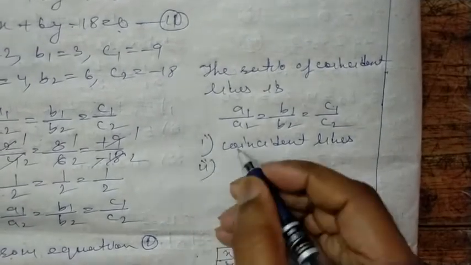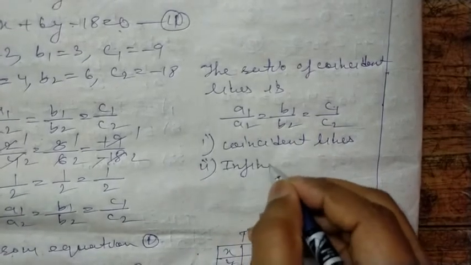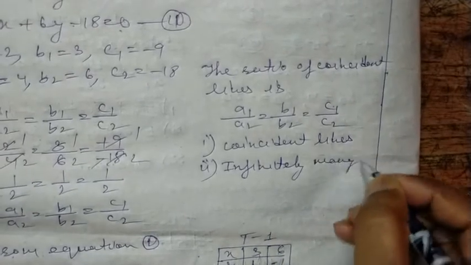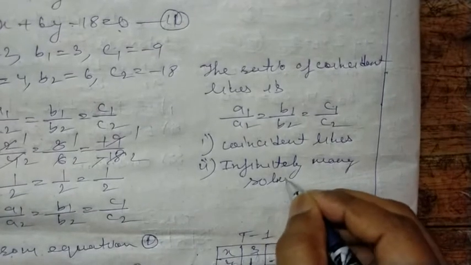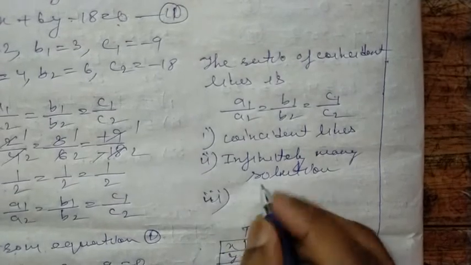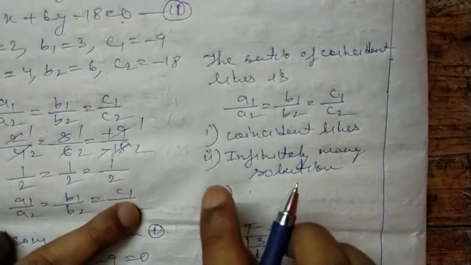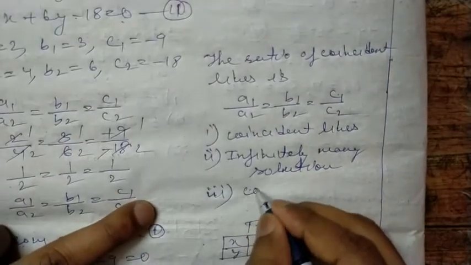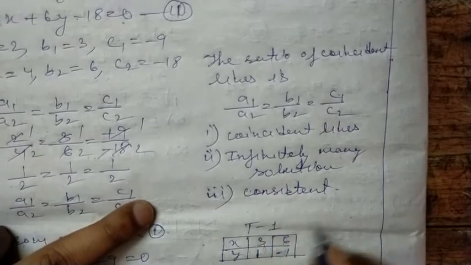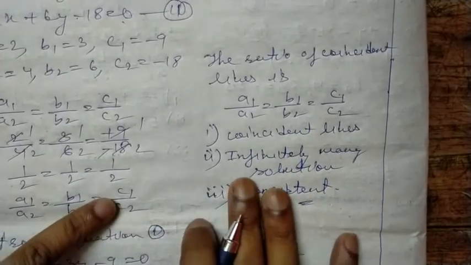Number 2, it has infinitely many solutions, which means there will be lots of points. And number 3, if we get one or more than one point, we can write that it is consistent. So we get these three properties for this.